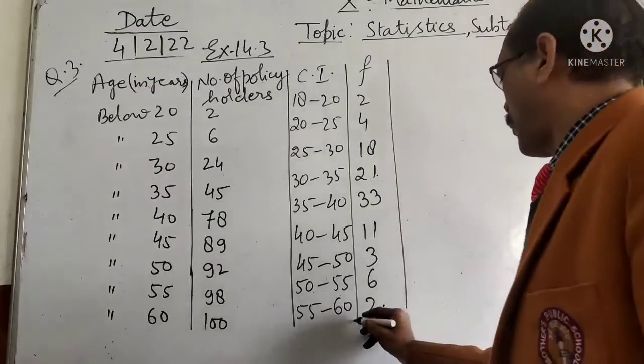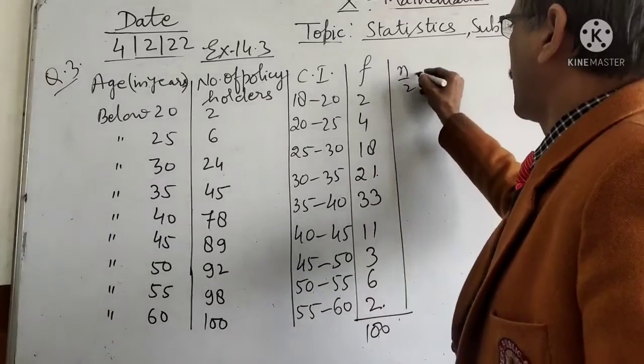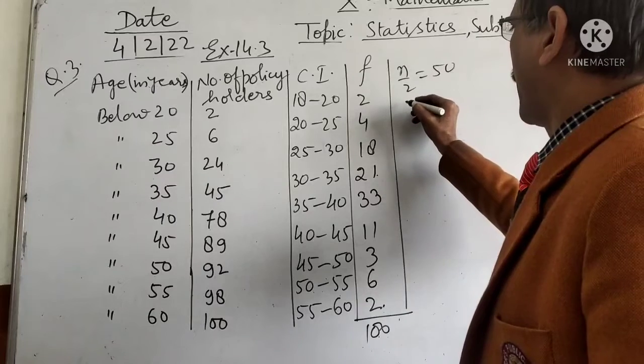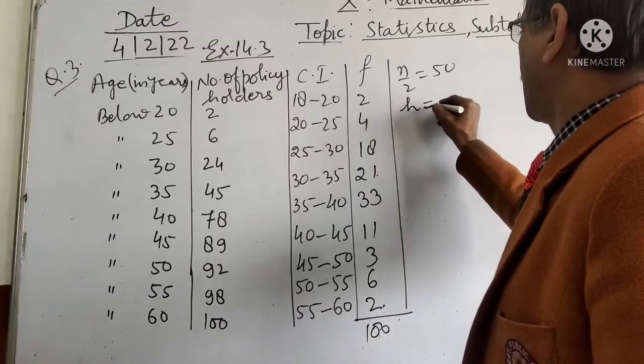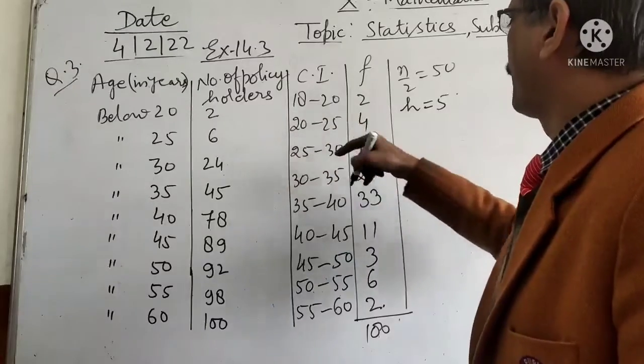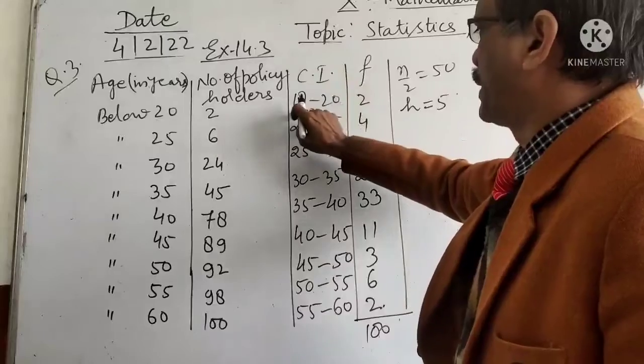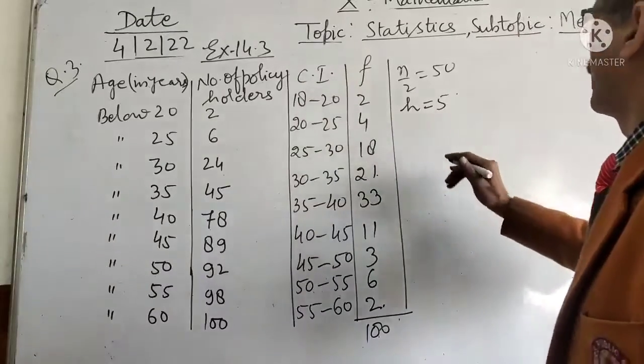Now, the sum of frequencies is 100, N by 2 is 50, and H is 5, the difference of class interval. We can take 15 also, but no problem.